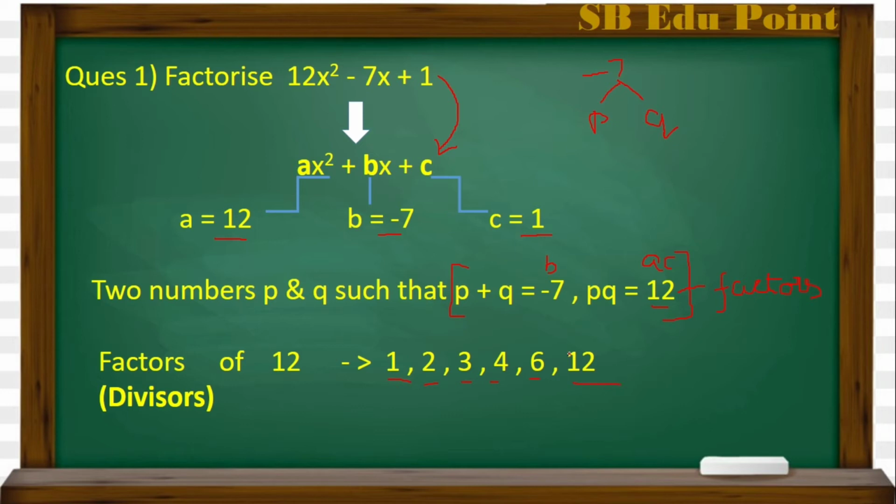After this, you need to figure out two numbers such that the addition of the two numbers gives you minus 7 and their product is equal to 12. Since the sum should be minus 7, my two numbers will be minus 4 and minus 3.